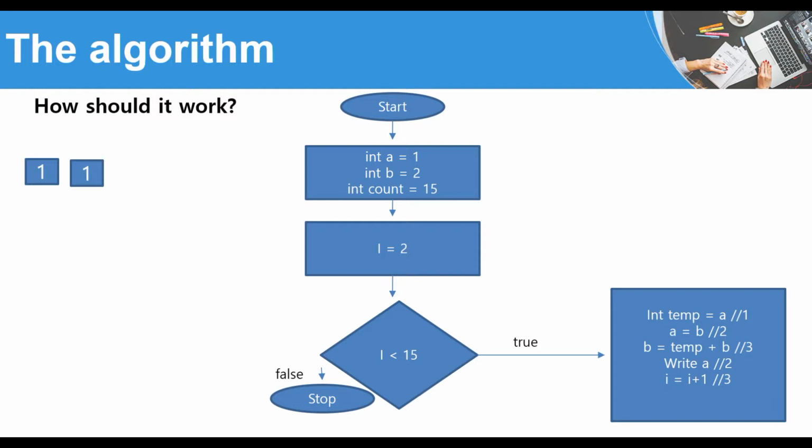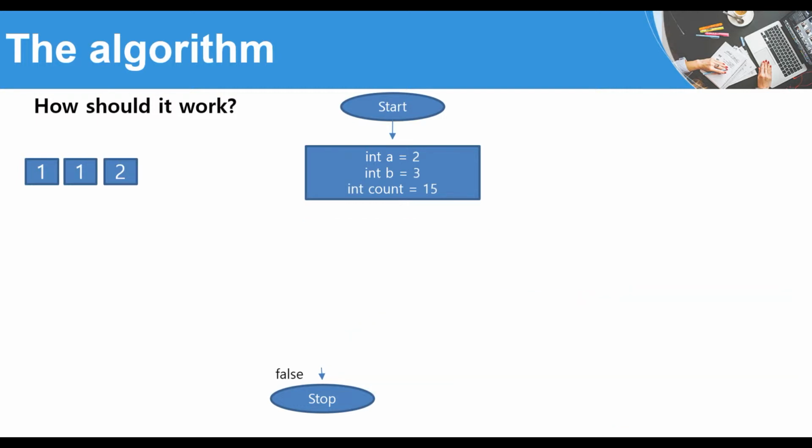Then a equals b. Now the new b is 2, so a will be 2. And b will be temp plus b, so it will be 1 plus 2, so b will be 3. And we will write a to the console and increase the counter. Now a is 2, so we have written it to the console and we increase the counter. The counter would be 3 right now.